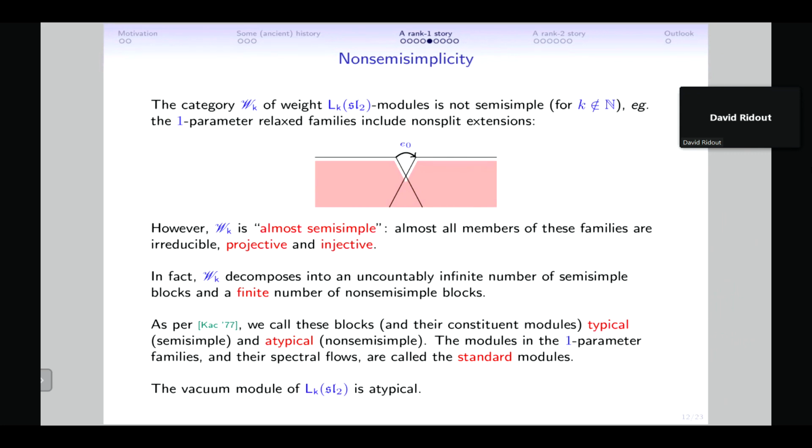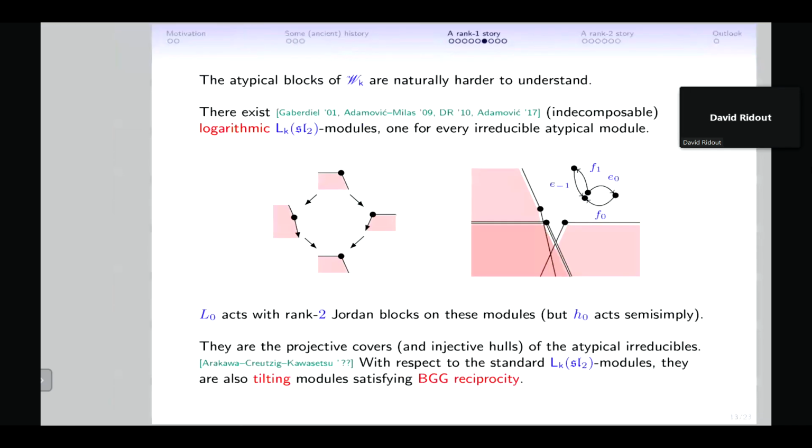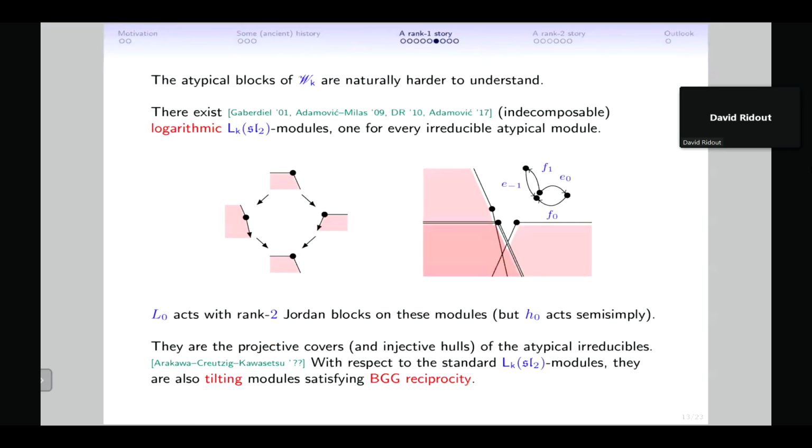L0 actually acts completely semi-simply on these non-split extensions. These standard modules like this, we still have a semi-simple action of L0. If we want a logarithmic VOA, we're supposed to have a non-semi-simple action of L0. And it turns out that these things always exist.